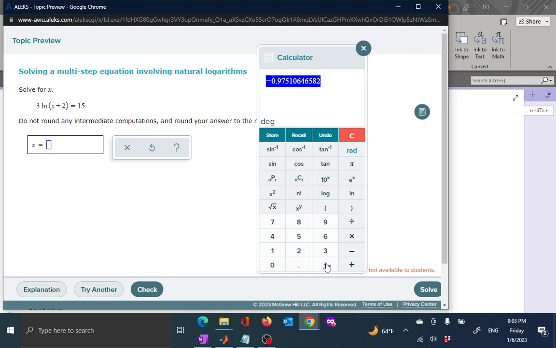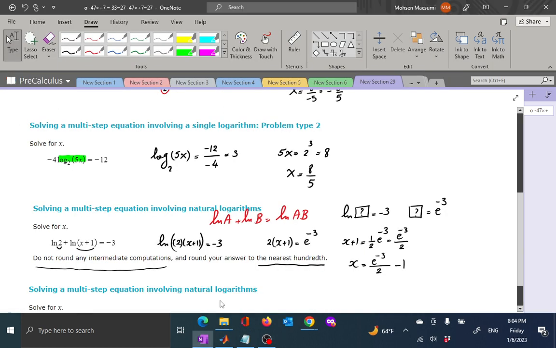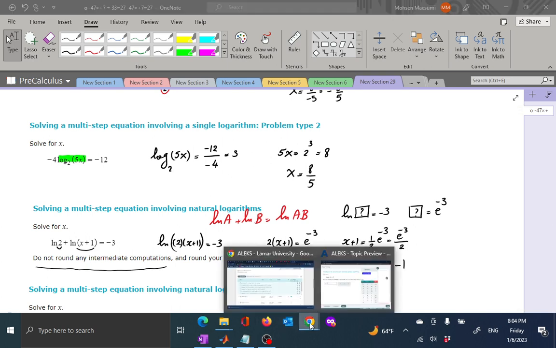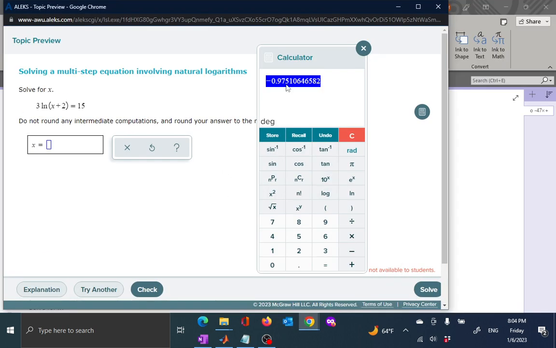That is doing all the steps of the calculation in the maximum amount of memory of the calculator, and then you don't get important round off. So at the end, you are to report your final answer to the nearest hundredth. So you round it to 2 decimal places, and then you'll be all done.